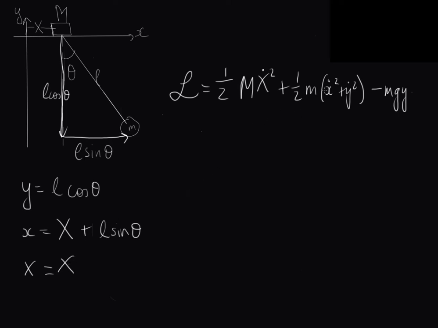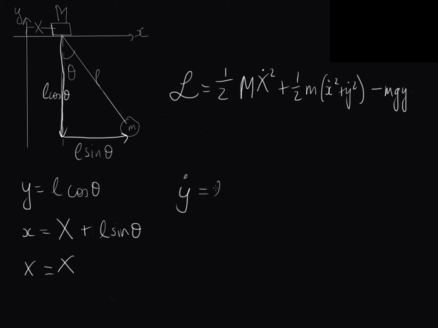So now let's find these time derivatives. So y dot, we need to differentiate this with respect to time. L is just a constant, so it's only the theta that changes. Remember, if we differentiate cosine of theta, and seeing as theta depends on time, we have to use the chain rule.